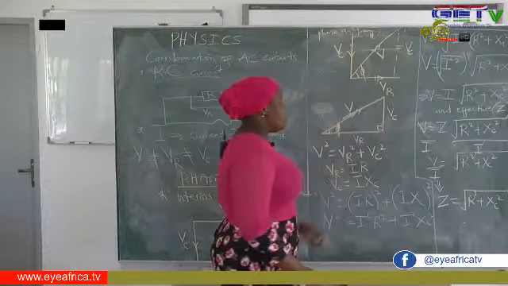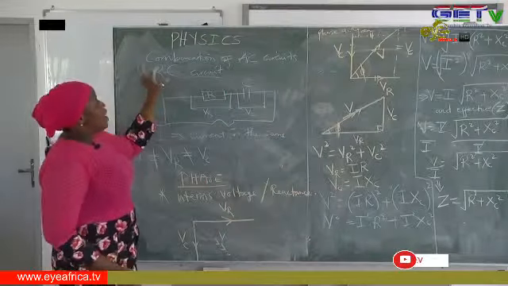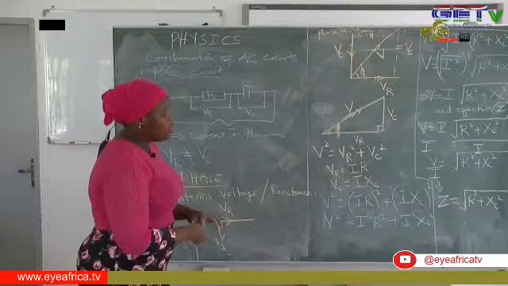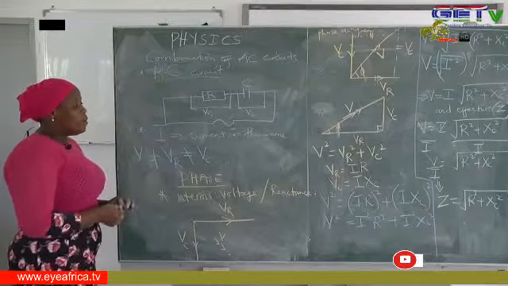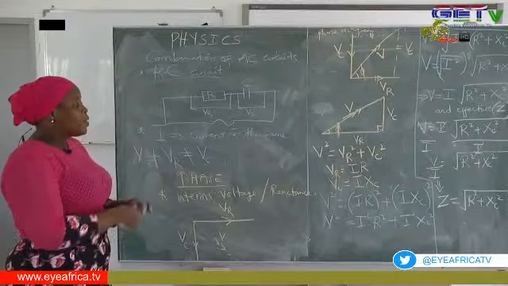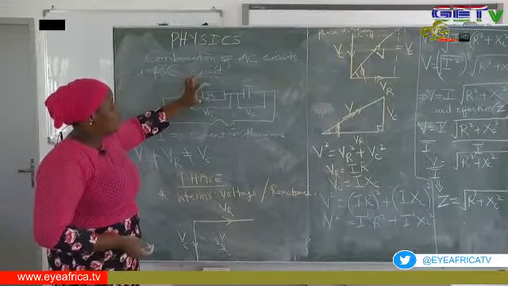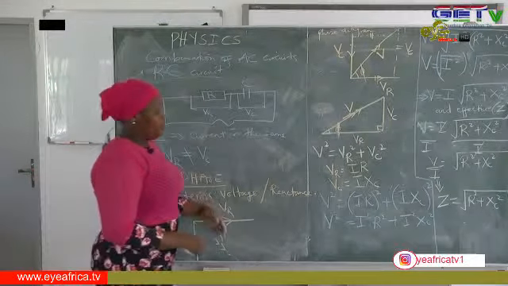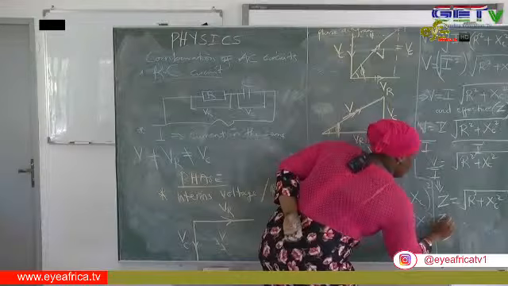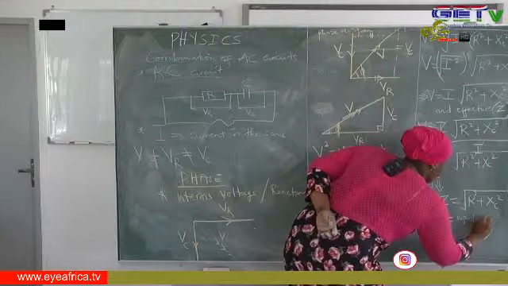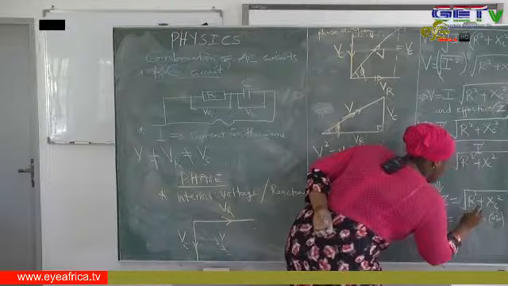So the impedance in an RC circuit combination will be Z equals the root of R squared plus XC squared. Let me define the terms for you. Z is the impedance, and the unit must be ohms.